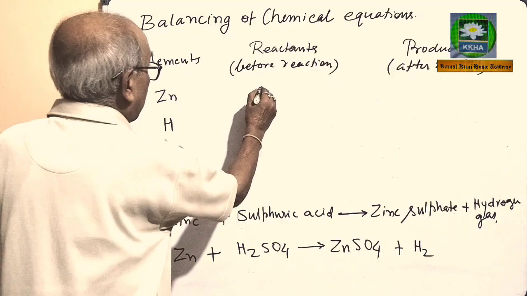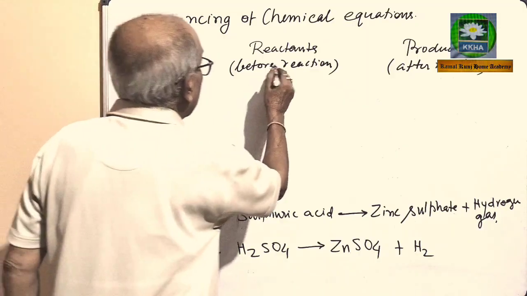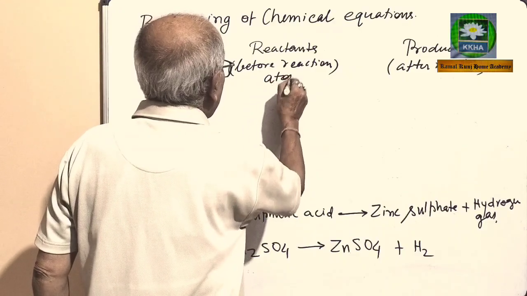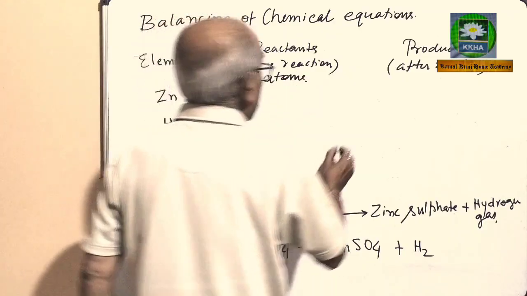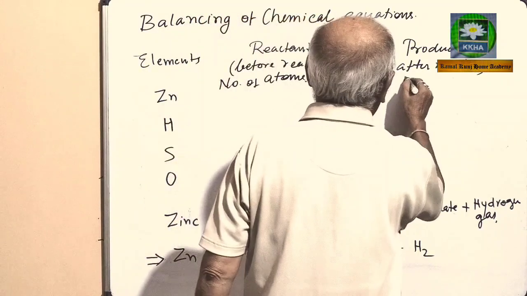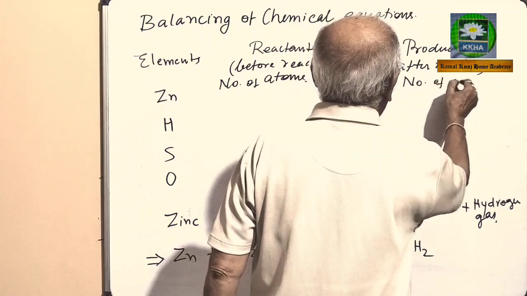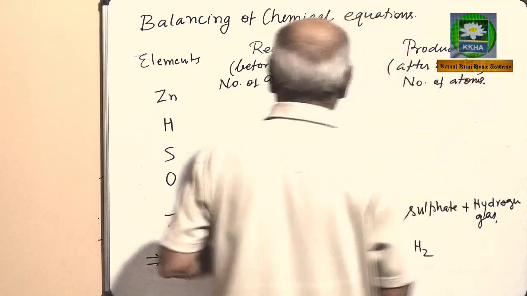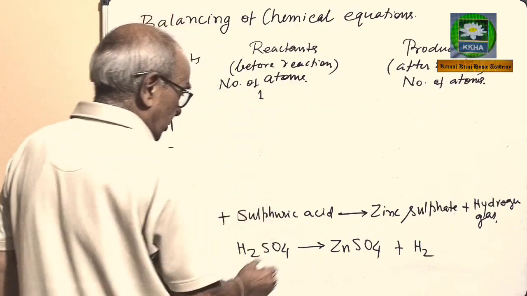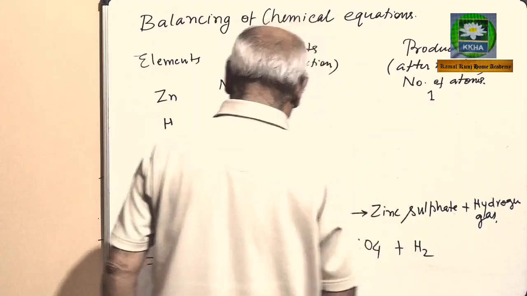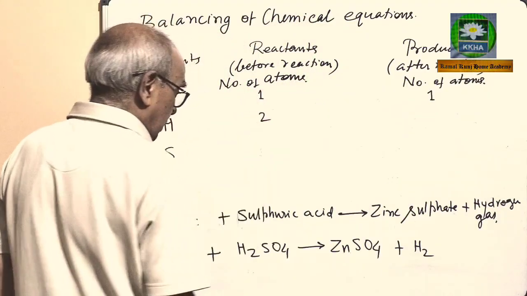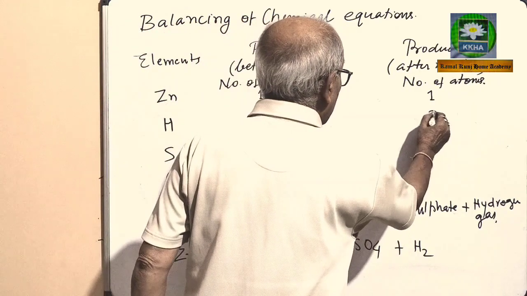Number of atoms. Here zinc, in the reactants 1, the product also 1. Then hydrogen 2, here also 2 atoms of hydrogen.